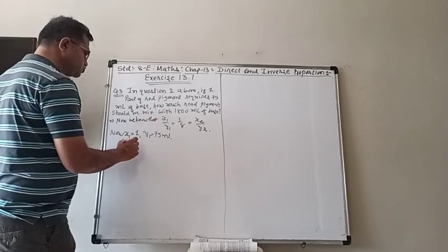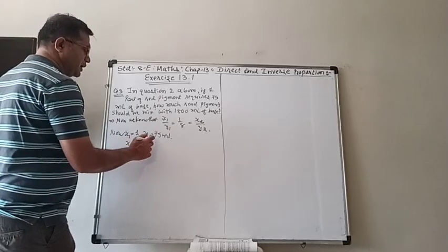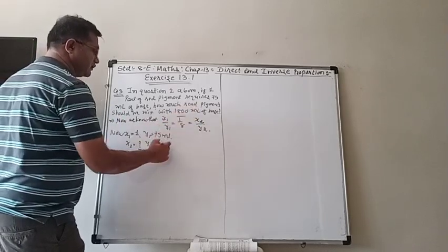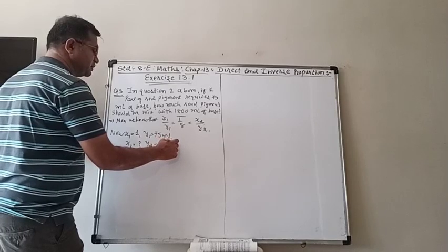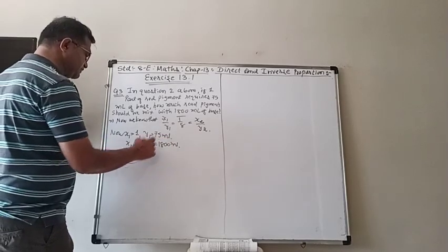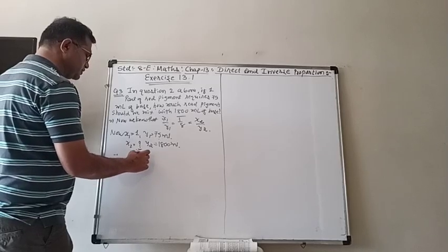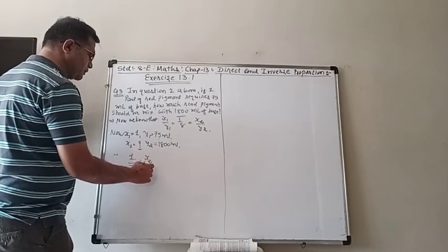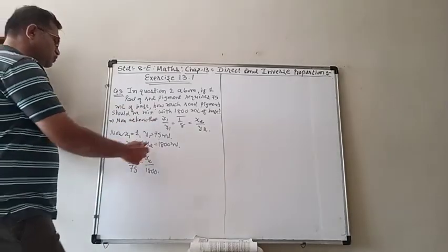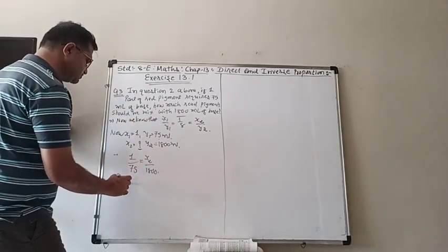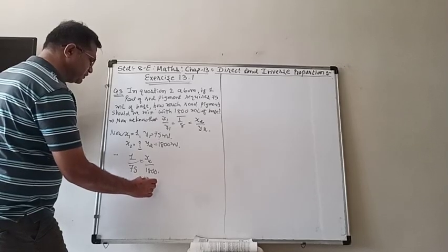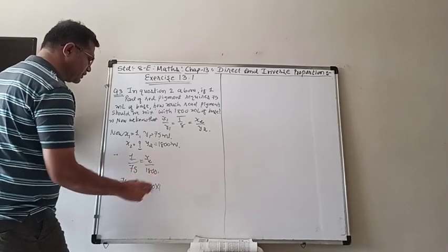So we have to find x2 and the y2 is given, 1800 milliliter. So 1 upon 75 is equal to x2 upon 1800. So doing the cross multiplication, 75 multiplied by x2 is equal to 1800 multiplied by 1.